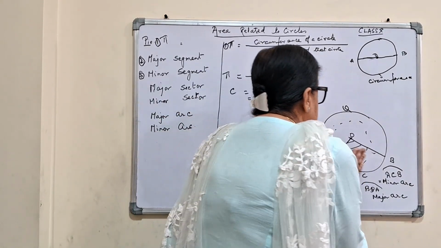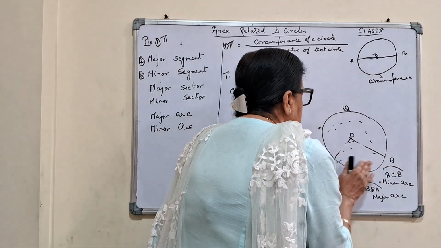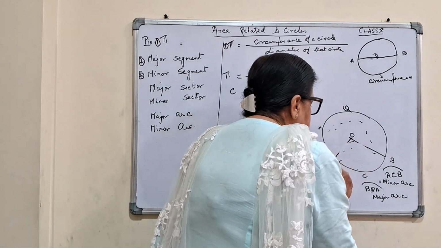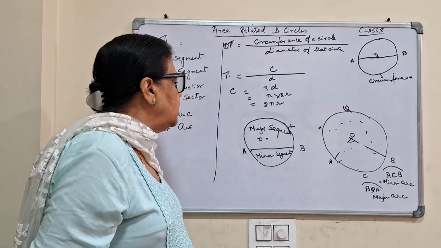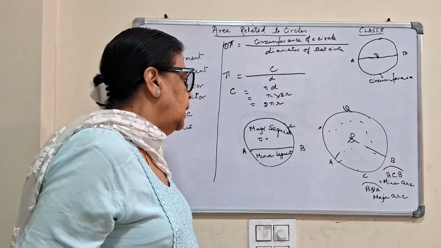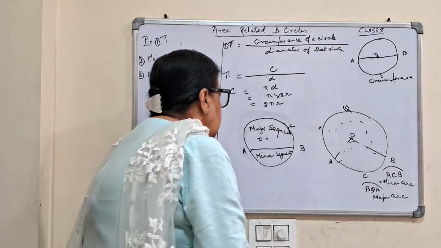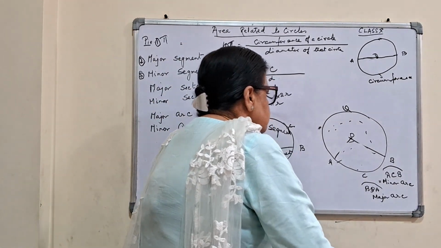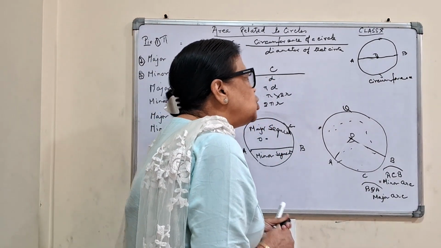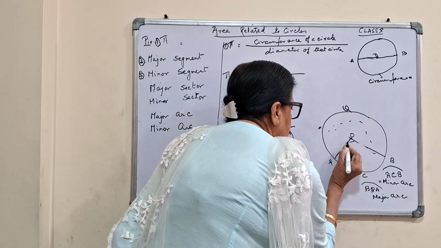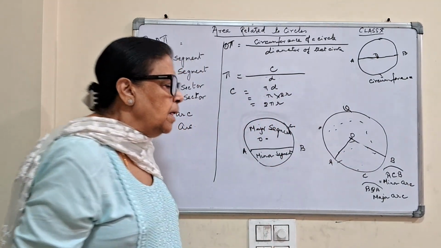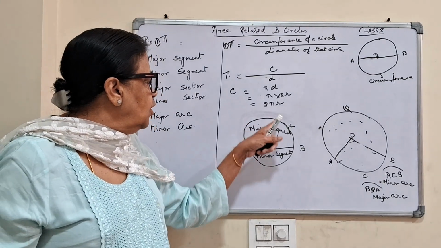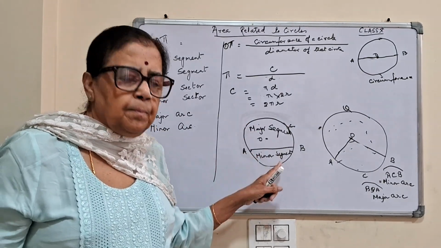This portion ACB is the arc, and BQA is the major arc. Arc is the portion of the circumference. Major segment is the inner portion, the area of this.